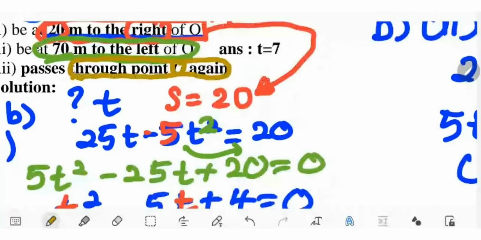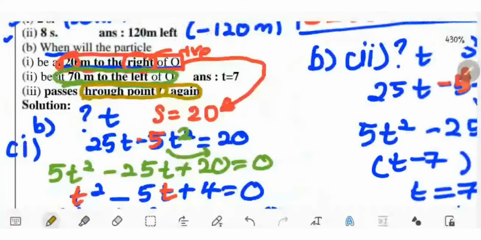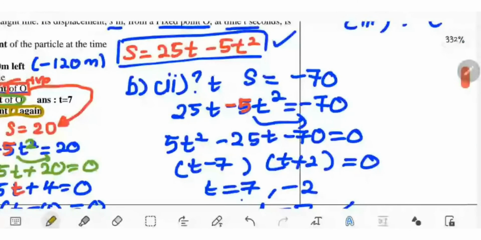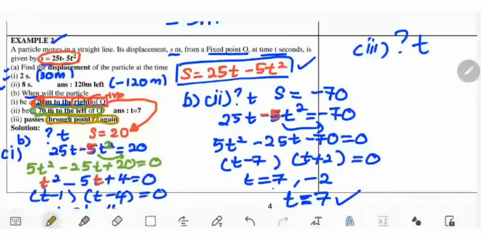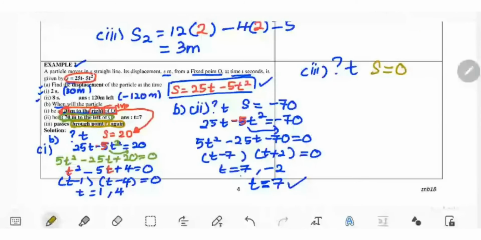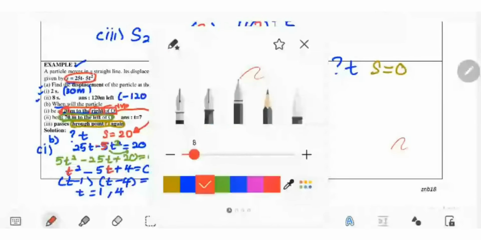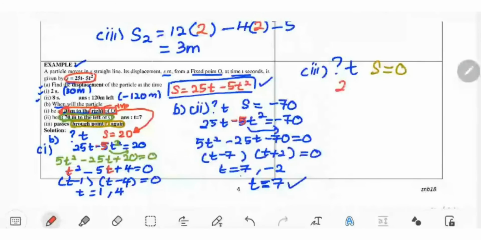Dia dah start, lepas tu dia patah balik kat tempat asal dia. So, just now I said at O, as always, 0. Yes. So, use the function as given there. Make it equal to 0.